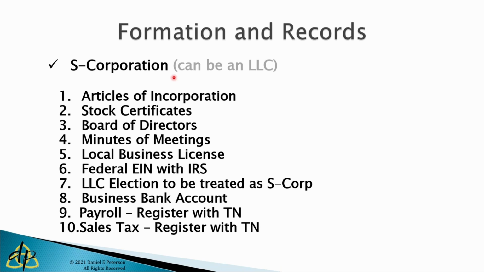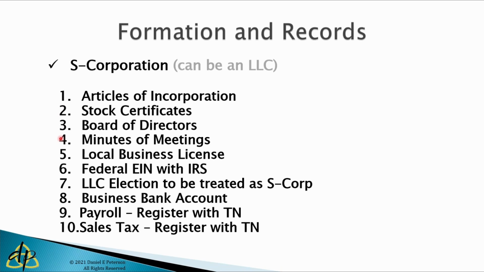If you're filing as a corporation, you're going to have stock certificates being issued in exchange for cash or equipment, if that's the case. You'll have a board of directors, and you're going to need to retain and document the minutes of the various meetings that the board of directors has. Those first four requirements are if you're forming as a corporation.